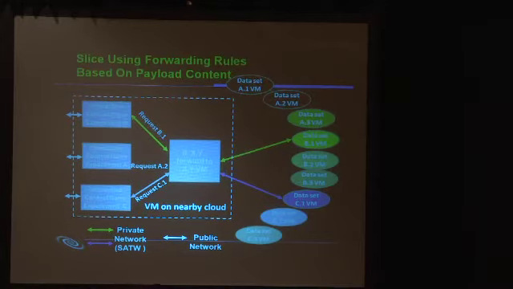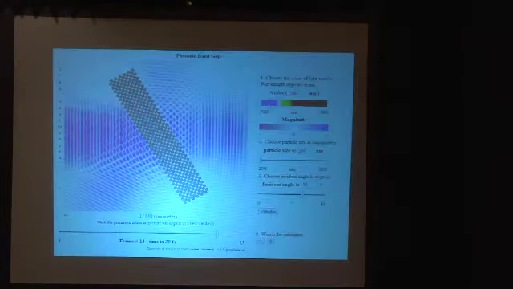Mark told me to be aware of the time, so I'm not going to go into great detail here. And I'll note that this is a slice using forwarding rules based on content. It's basically a content distribution network for nanotechnology, a viewing scope for nanotechnology.